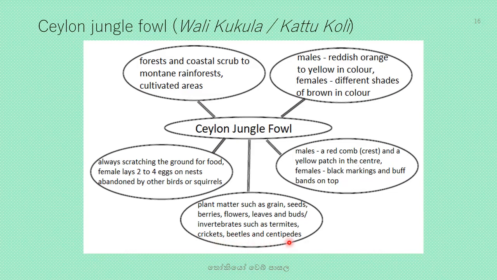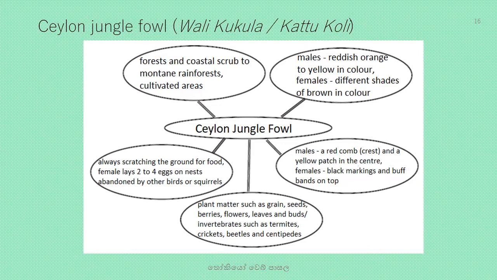So the Ceylon jungle fowl is not only eating food which is from plants, but they also eat small insects. So all these I have listed here, termites, crickets, beetles and centipedes, are small insects.